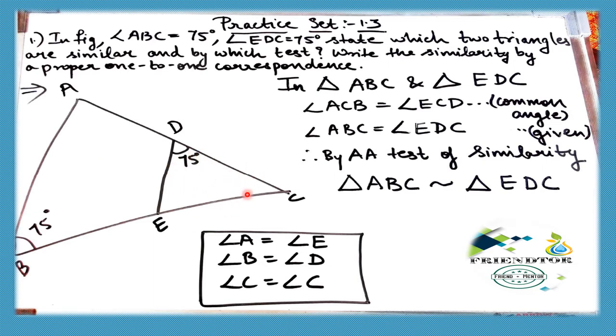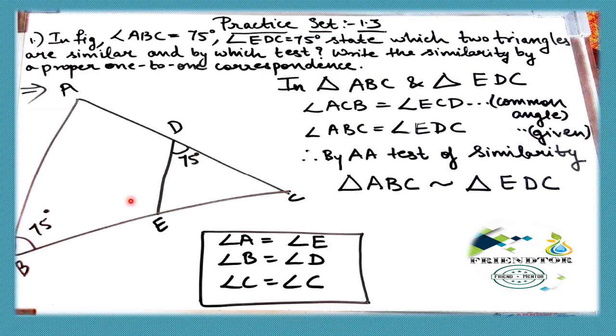That means we have one common angle and one set of angles which are equal. So by AA test, sorry, not 3A's, just 2A's is enough. By AA test we can say that triangle ABC is similar to triangle EDC. Let's see the steps. In triangle ABC and triangle EDC, first is angle ACB is equal to angle ECD, common angle, because C is common.